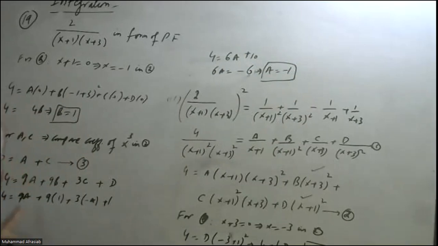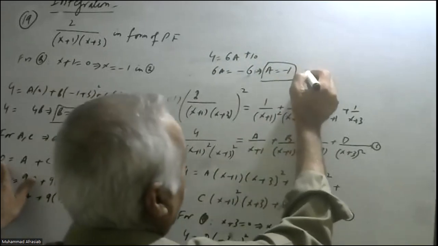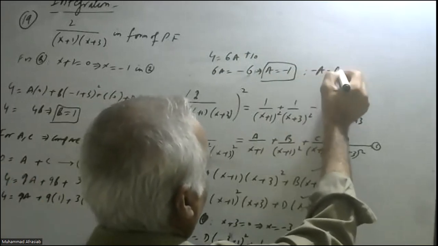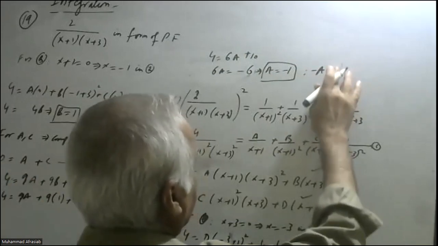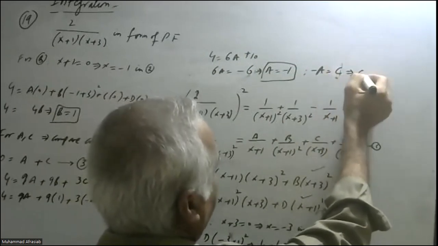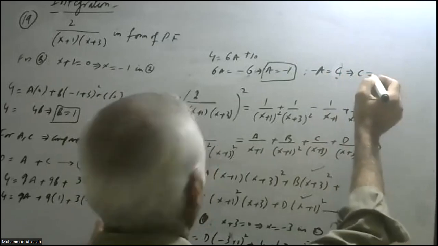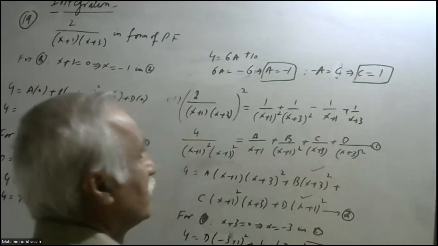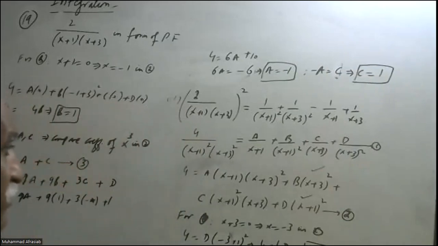Then, because a plus c is equal to 0, so a is equal to minus c. So this implies that c value is equal to plus 1. So these are the values of a, b, c, d, which we have calculated.